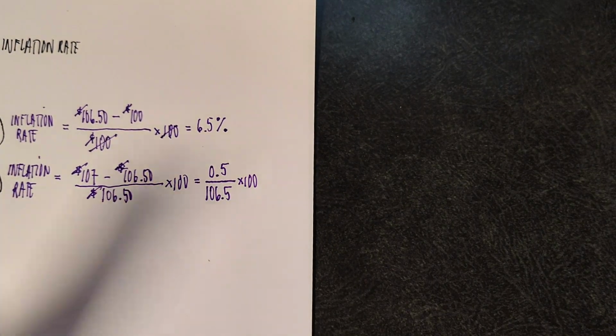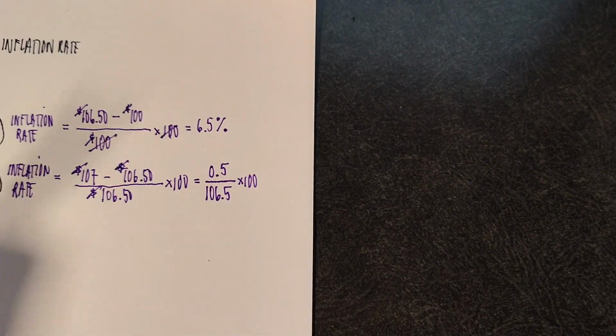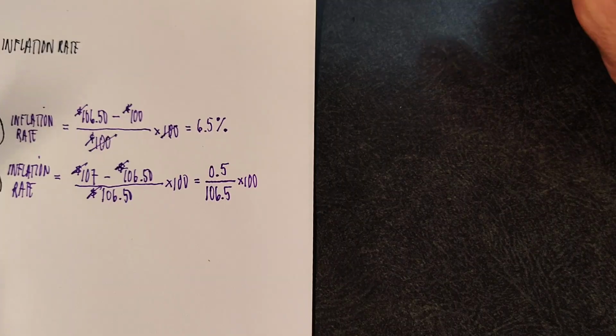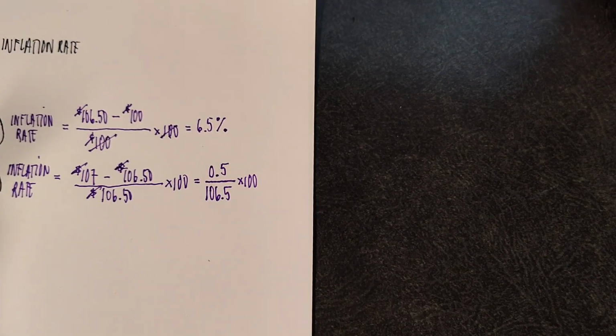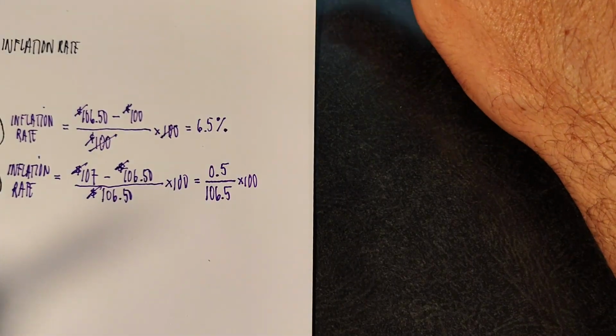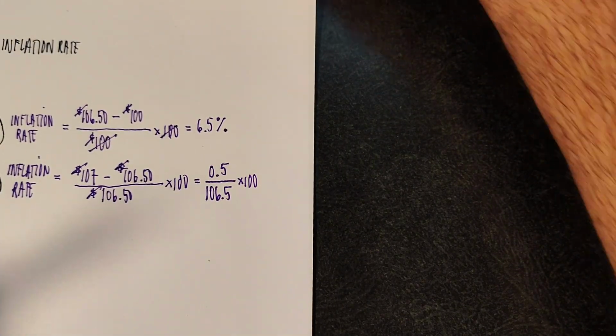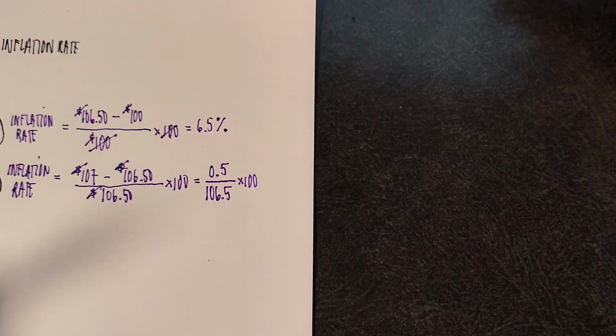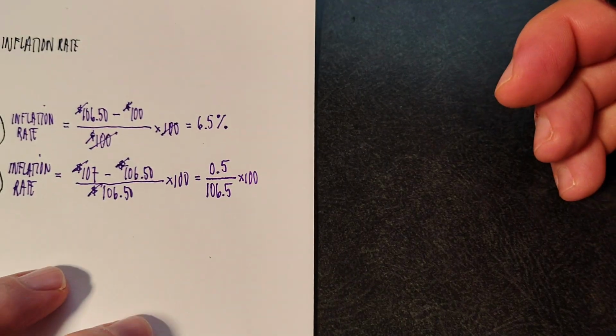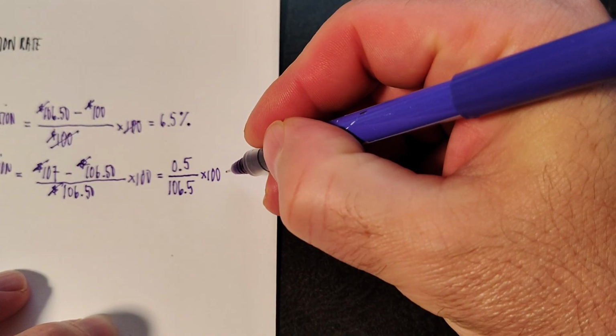And if I just plug that into my search engine, I can actually do that. So 0.5 divided by 106.5 gives us 0.00469. And let's just multiply that by 100. So times 100. And that gives us 0.469%.